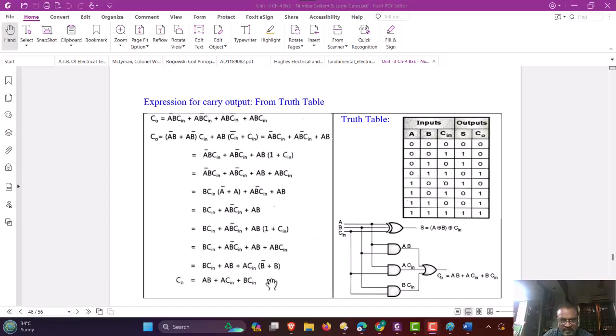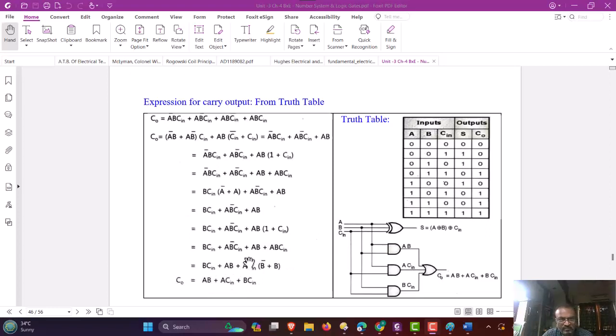Now from the second and the last term, take AC in common. In the bracket remains B bar and B, so B or B bar is equal to 1.